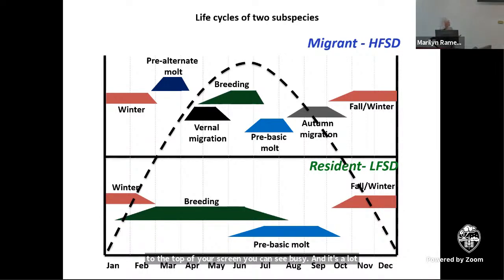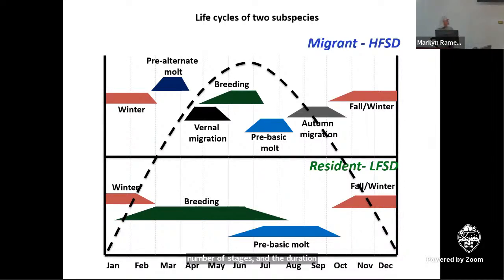And so we've identified this as having high finite state diversity. So there are a lot of stages spread over the 12 months, compared to the resident that has essentially 3 stages: wintering, breeding, and molt. So you can see right away that the times they spend throughout the year are very different in terms of the number of stages and the duration of these stages.